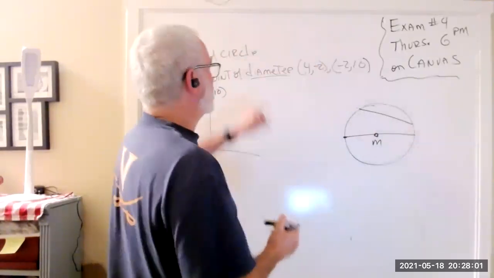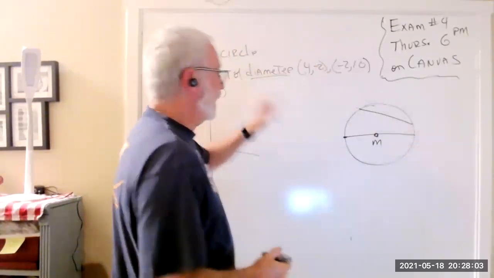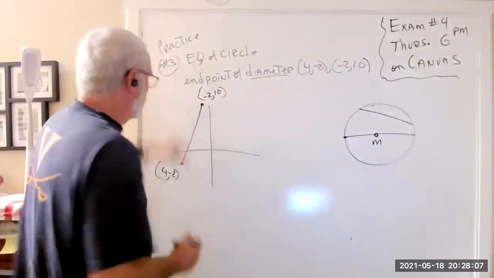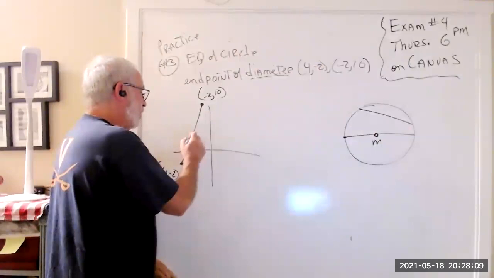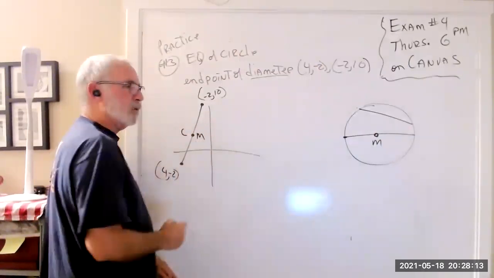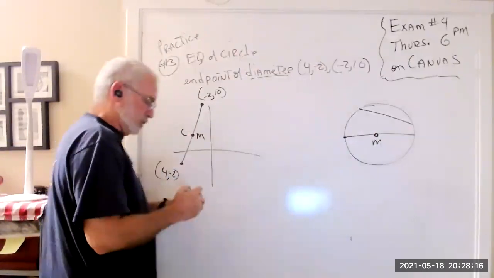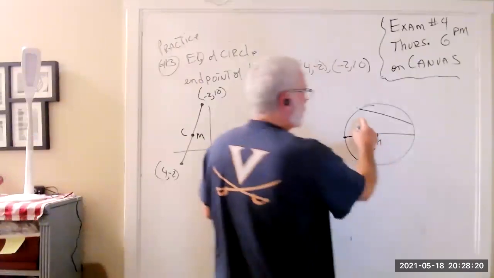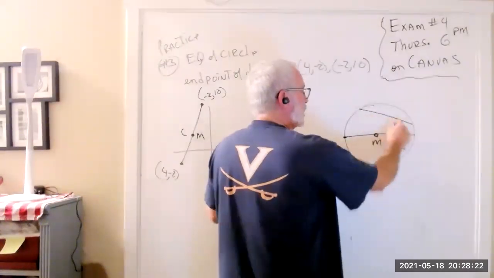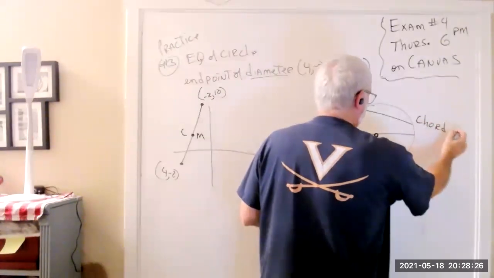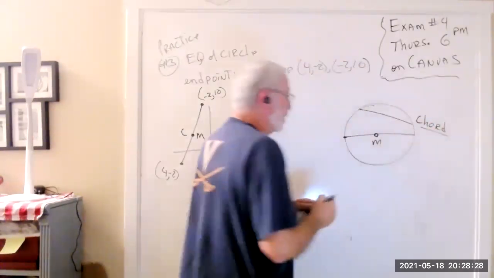Because they said this is the diameter, it gives me several keys. One, the most important, at least for now, is the center is also the midpoint. By the way, this is called a chord, C-H-O-R-D. You don't need to know that, I'm just throwing vocabulary at you.